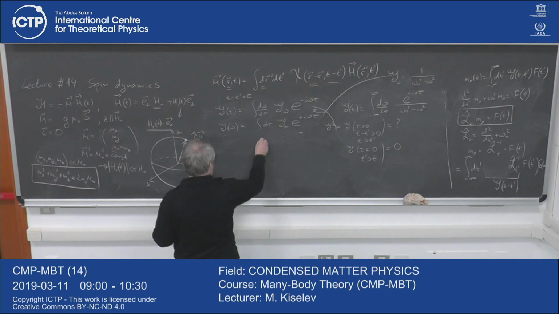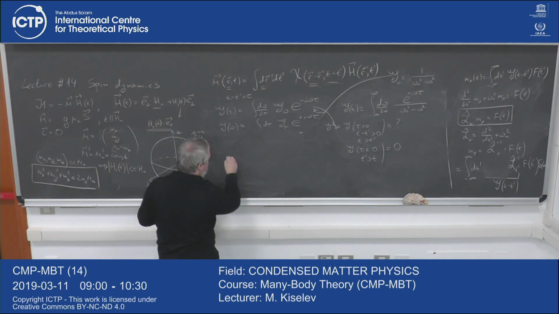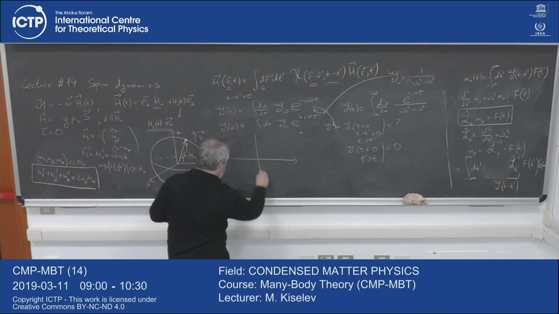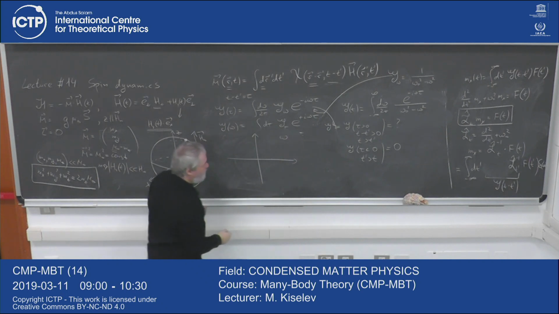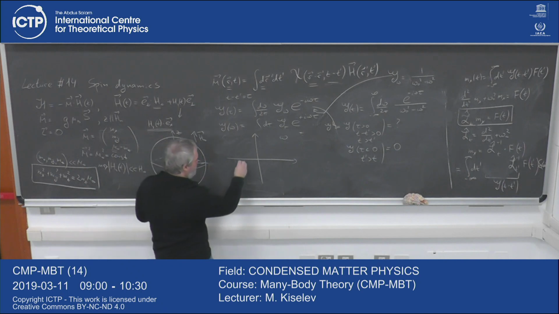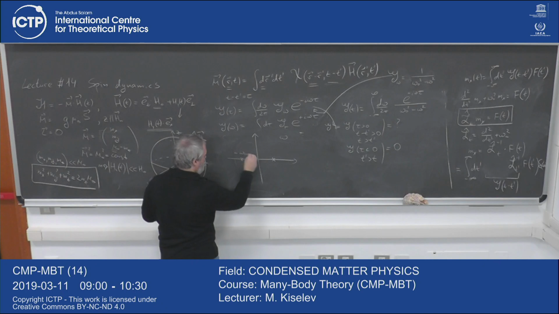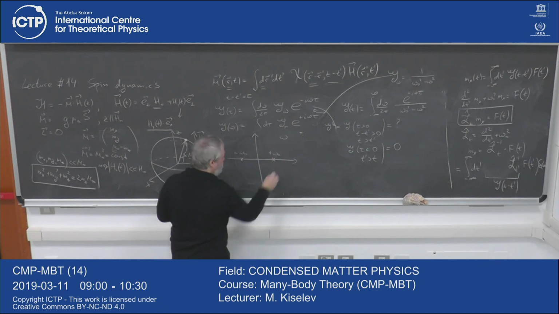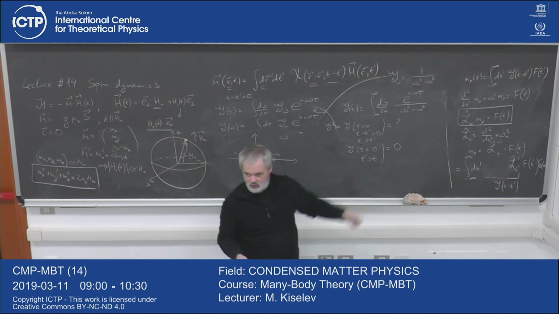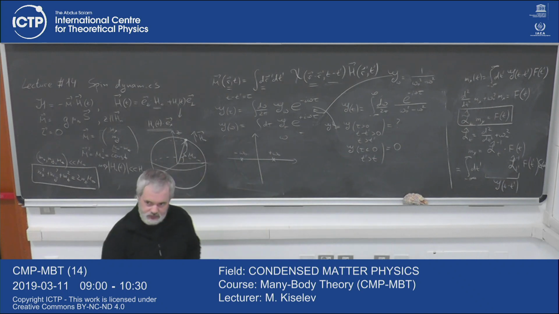So I take the integration. This is my complex plane omega, and I have poles of my expression at minus omega naught and plus omega naught.